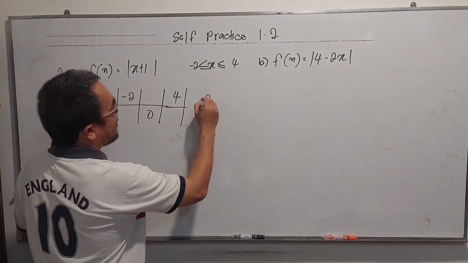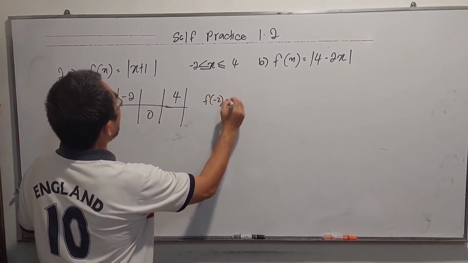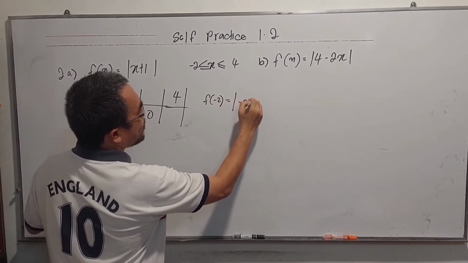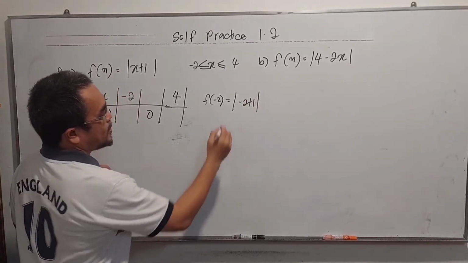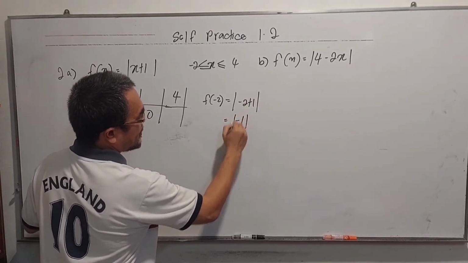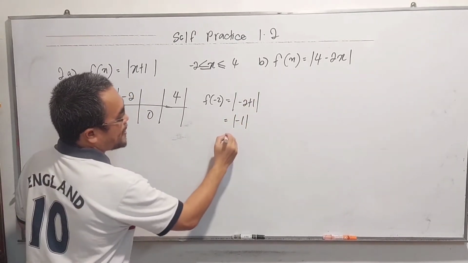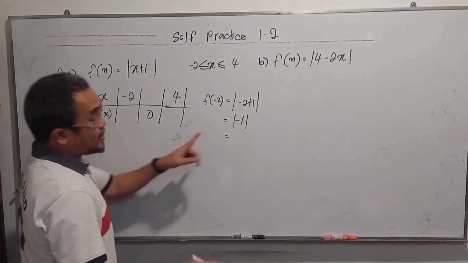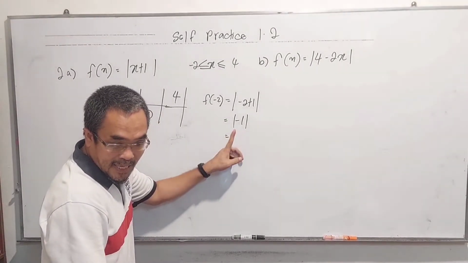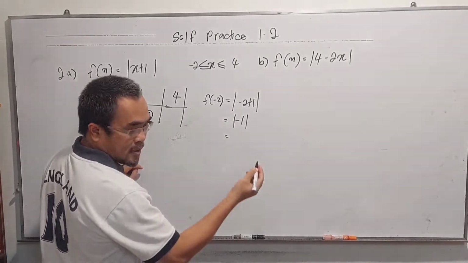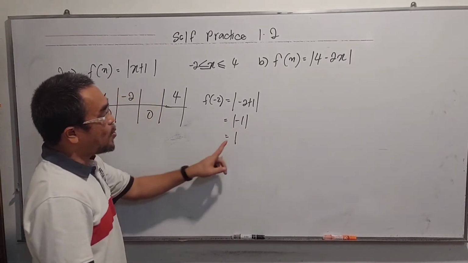Let's say f(-2) is -2 plus 1, which is -1. This is the value before you use the modulus. So the final value will be 1.